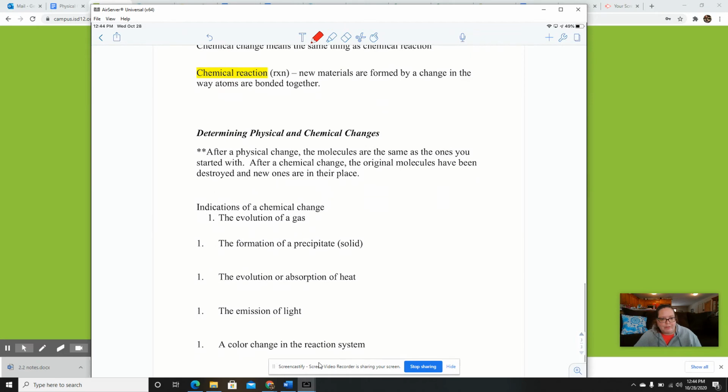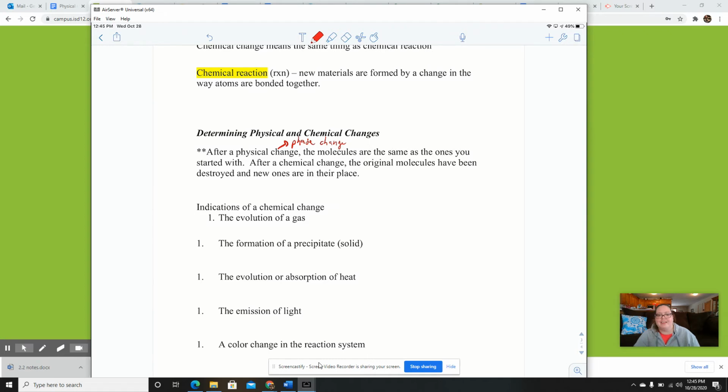Determining a chemical or physical change. After a physical change, the molecules are the same ones that you started with, okay? In a phase change, and you can't read that, my handwriting is too sloppy. In a physical change or a phase change, water in the solid phase is H2O. Water in the liquid phase is H2O.